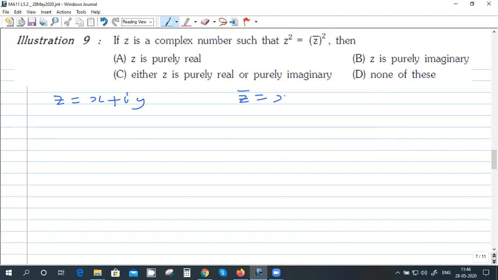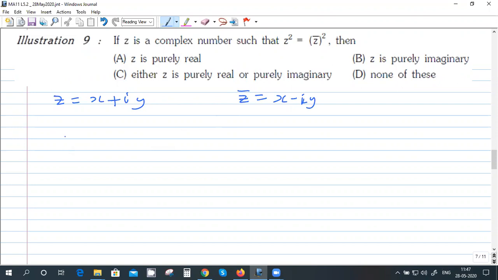So it is x, and what is z bar? Sir, I forgot. x minus iy. The imaginary part, the sign has to be reversed. That is the definition of conjugate, right? Conjugate of a complex number, you just have to change the sign of the imaginary part.